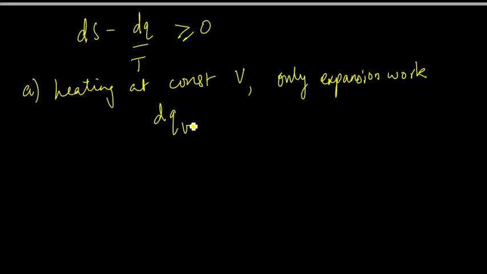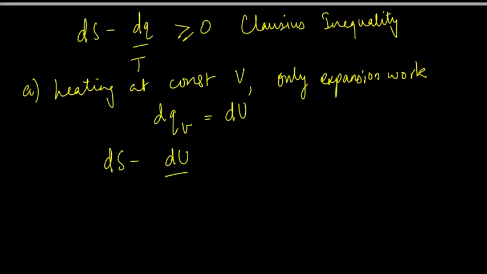The work done is 0, since we have only expansion work and dV is 0, so this is simply equal to dU. And I could then write the Clausius inequality as dS minus dU by T is greater than or equal to 0, or TdS is greater than or equal to dU.